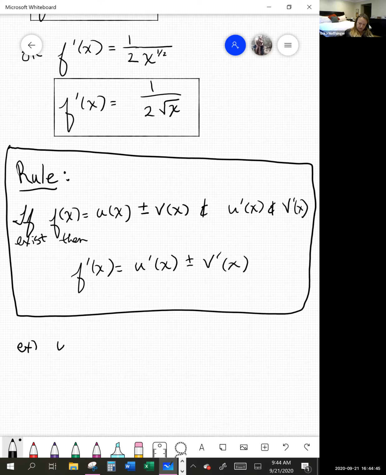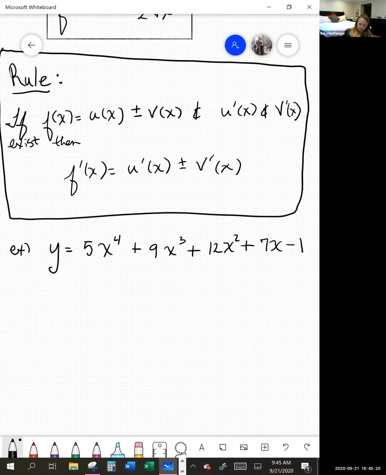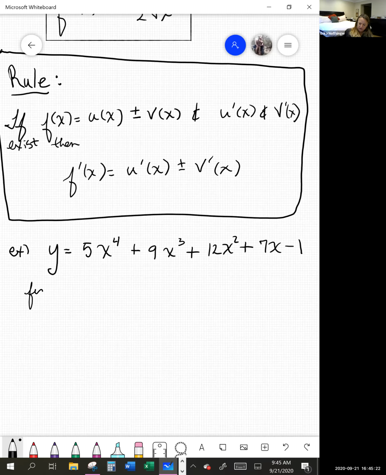Let's just start really easy. So if you have y equals 5x to the 4th plus 9x cubed plus 12x squared plus 7x minus 1, find dy dx.